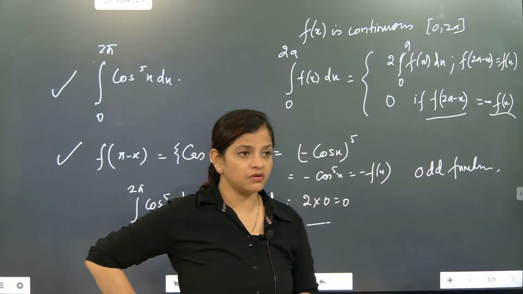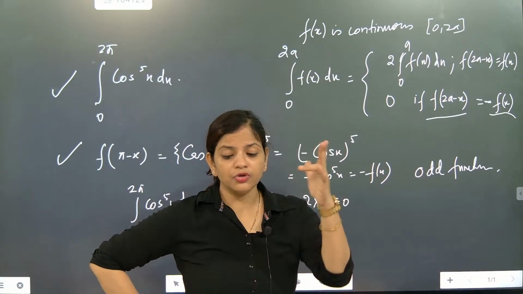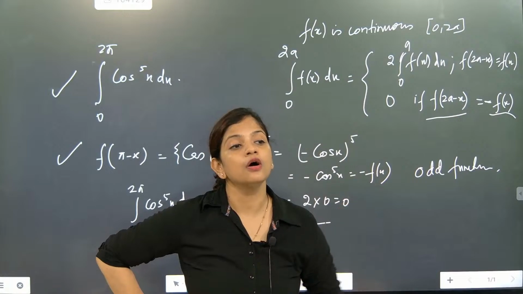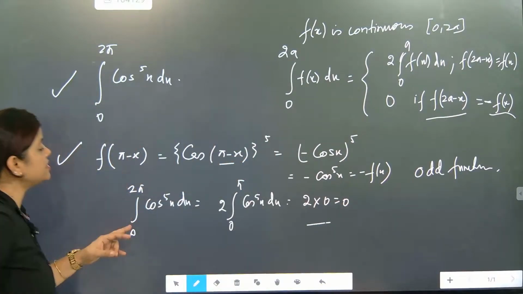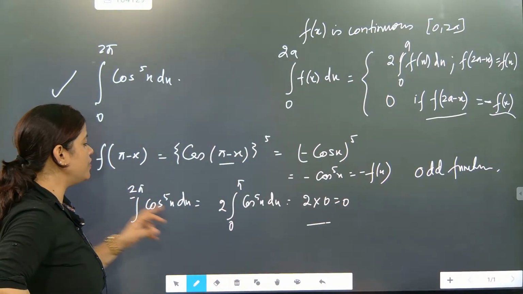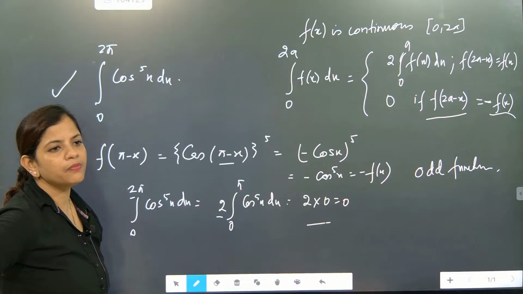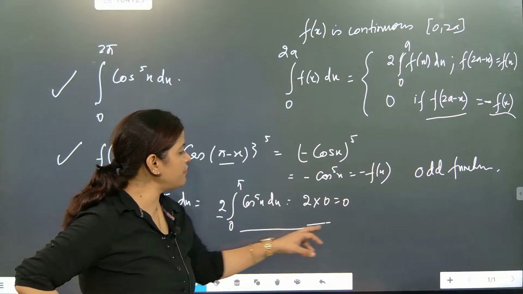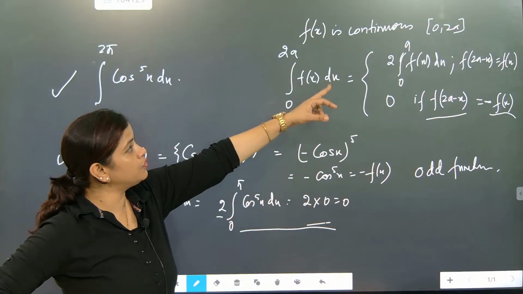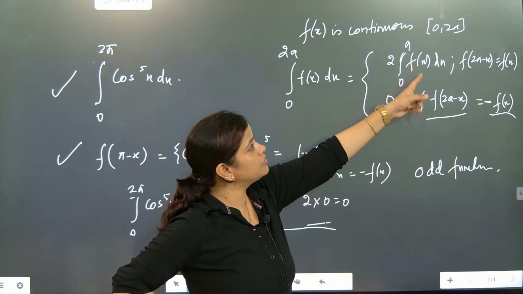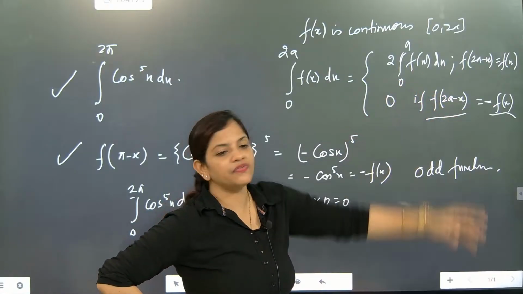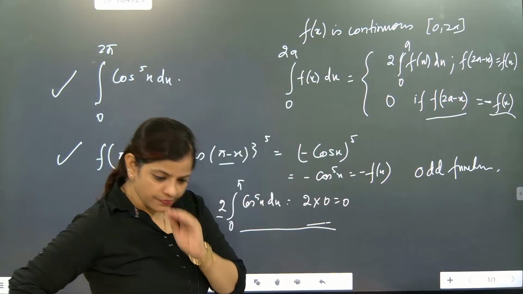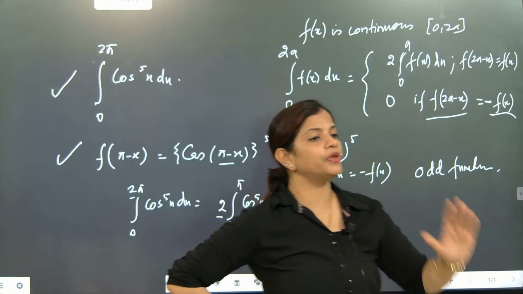For 0 to 2 pi we did not check, only 0 to pi. And for that, NCERT has one property: 2 will drop down and here it will become pi. So that property itself we have taken, the 0 to 2a content. Here it is cos to the power 5 and it is giving us 0. So you need to use your brain and solve.